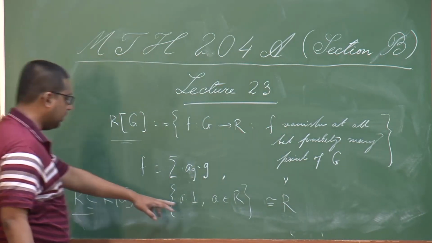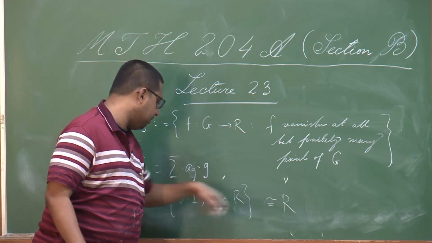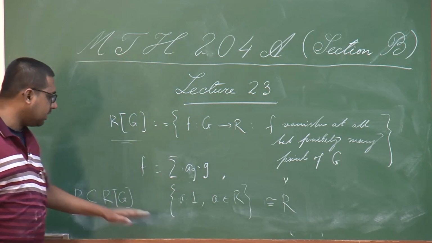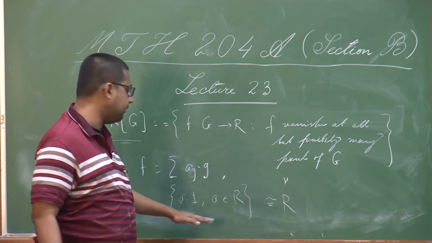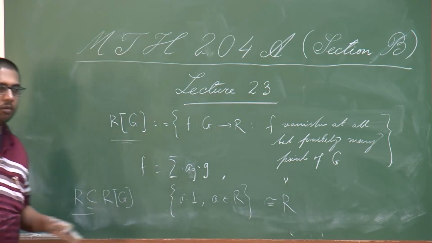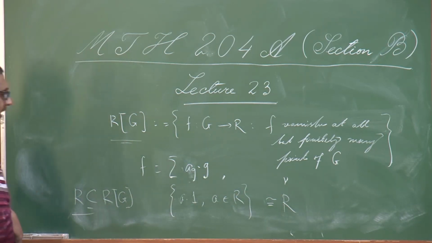Adding two things here is the same as adding two members in R. So this is a subring of RG, which is similar to R.